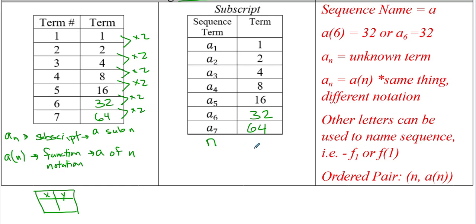This is going to be our n, and then this is going to be our unknown term right here, a of n, with our ordered pair n comma a of n. So this is very important to know. So keep this little box handy. Continue to look at this, please. Kind of commit this little section to memory and how to say this vocabulary here, a sub n and a of n.